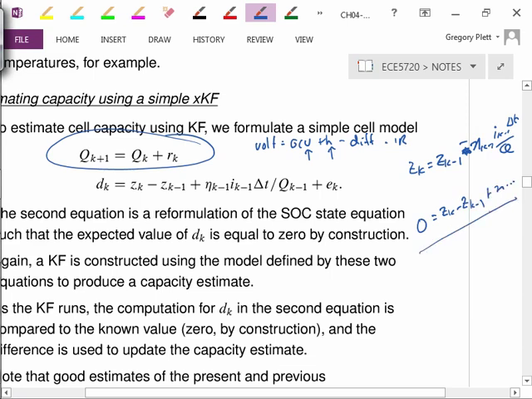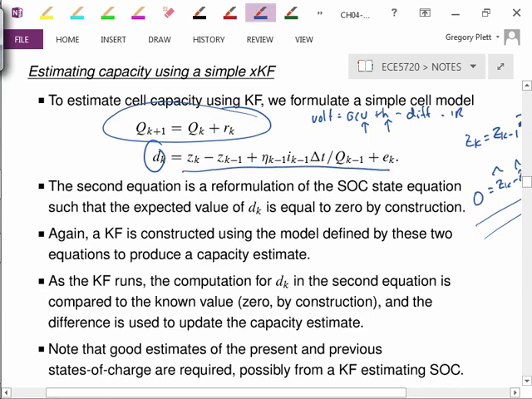I have this deterministic relationship. And I call that a fabricated measurement using estimates of state of charge at two adjacent time samples from some state of charge estimation system that we've implemented externally to this.